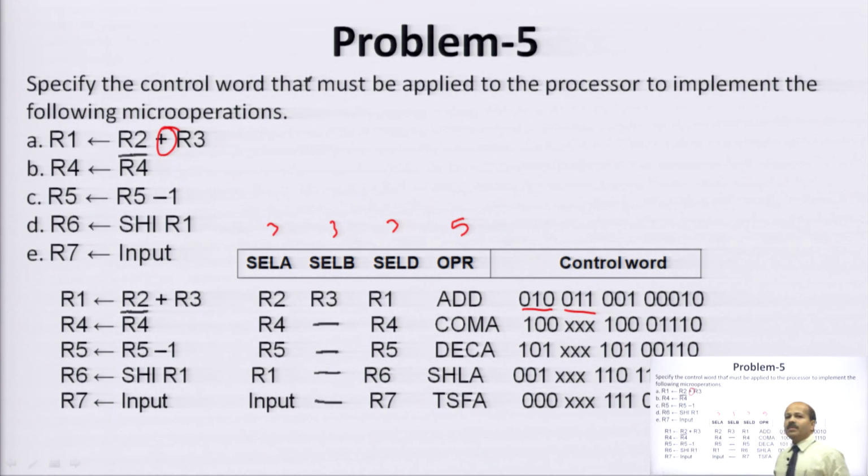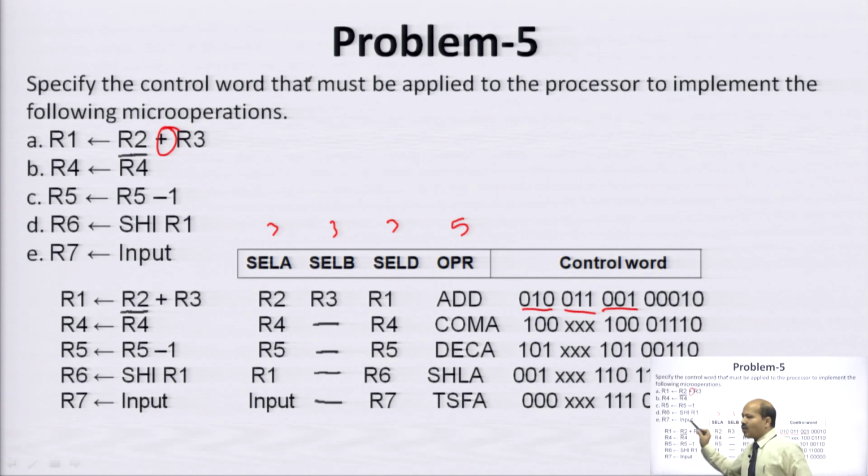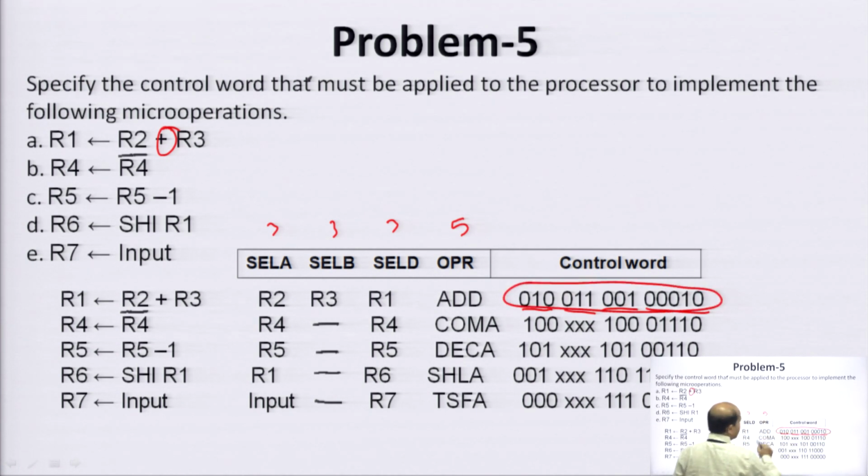So R1 is the destination register, and for the destination the selection D value will be 001. For the addition operation, you can refer to the table where the various operation codes are written. For addition we use 00010. So, this will be the control word for the first operation. This we have already discussed in the previous lecture.